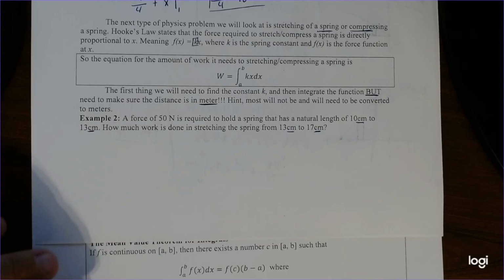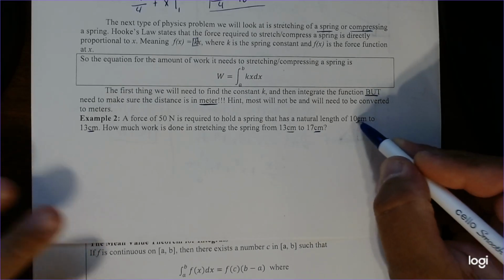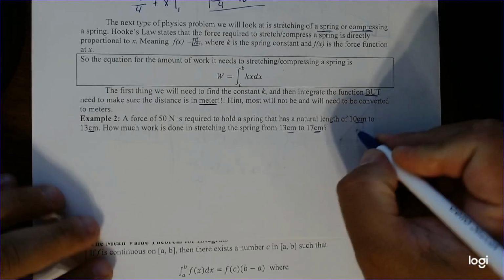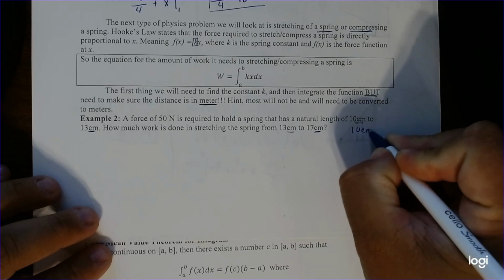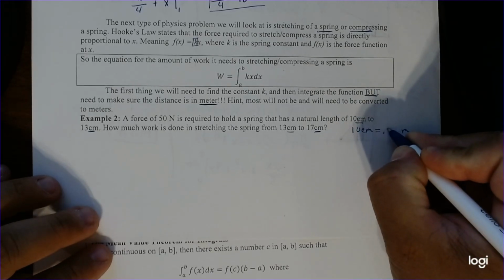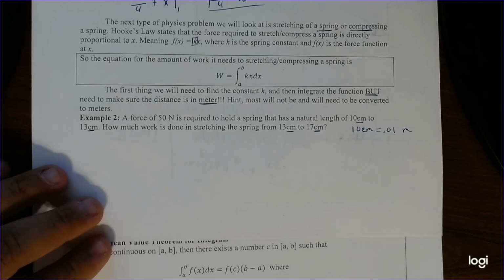If you're not sure, converting centimeters to meters is just dividing by 100. If you go from 10 centimeters to meters, you divide by 100, which gives you 0.1 meters. So there's a quick little conversion.